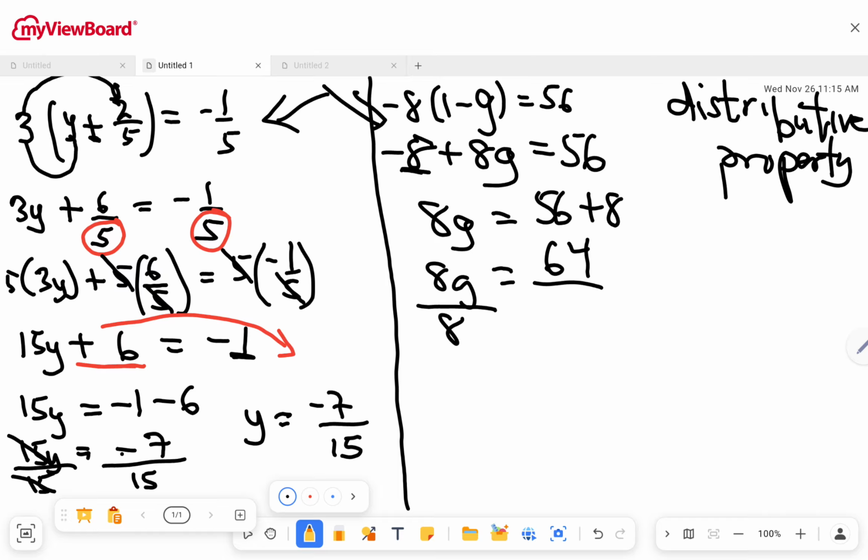So we have 8g divided by 8, 64 divided by 8. So we have g is equals to 8 because 64 divided by 8 is 8, or 8 times 8 is 64. Guys, we have solved our 4th question and we are moving on to our 5th and 6th question.